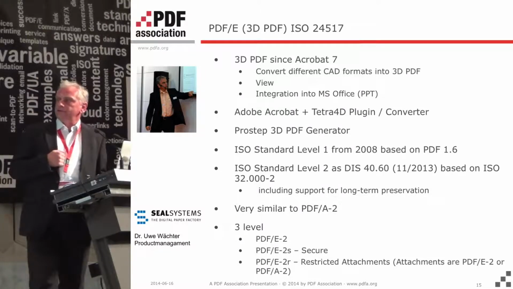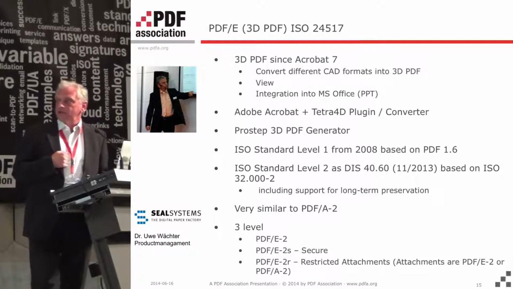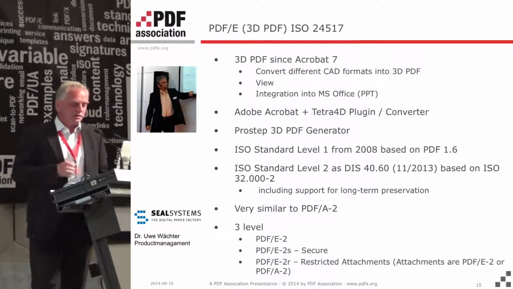So there's a special level of that standard. You also may include attachment files inside PDF E, and PDF E2R means you are limited on attachments that are equal to PDF A or PDF E again.